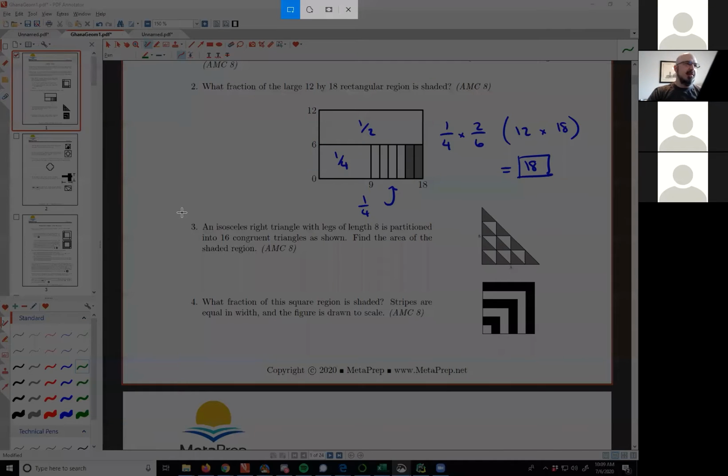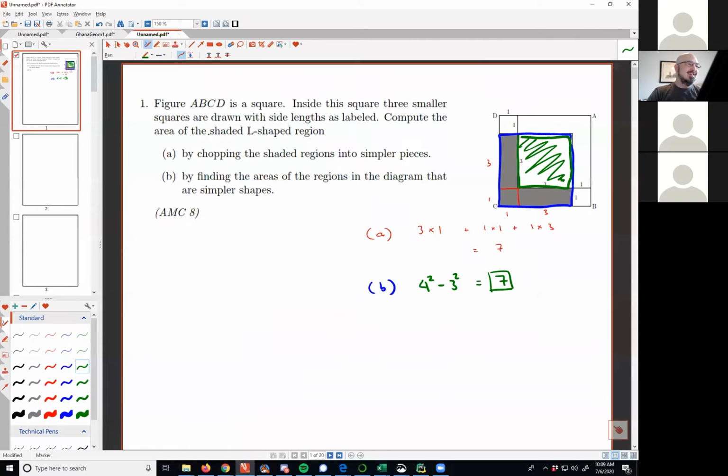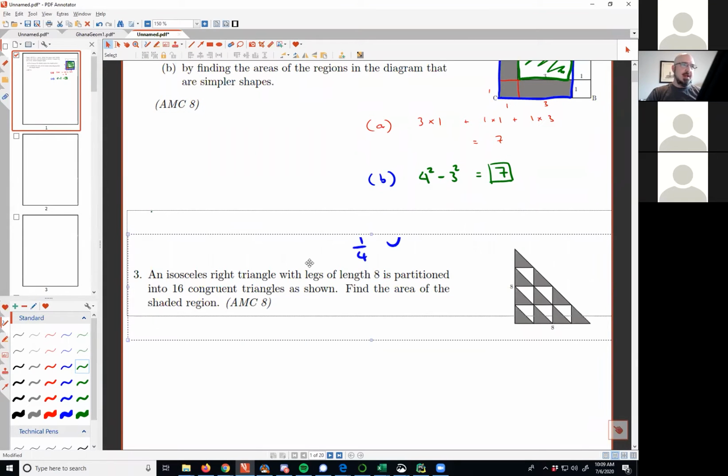Is there a second path? Of course. What's our second path?